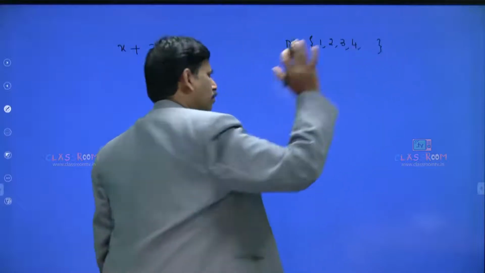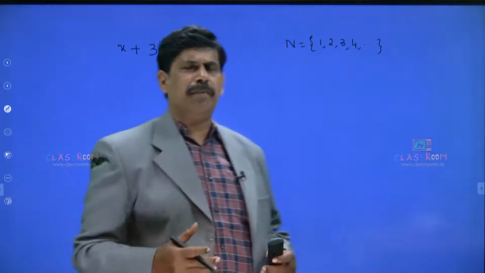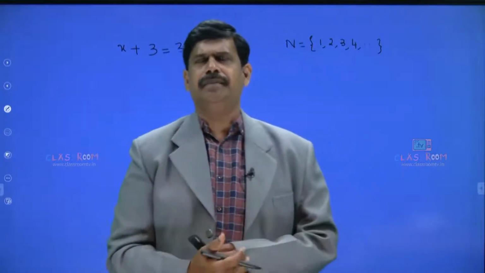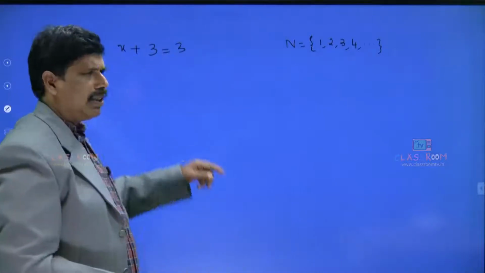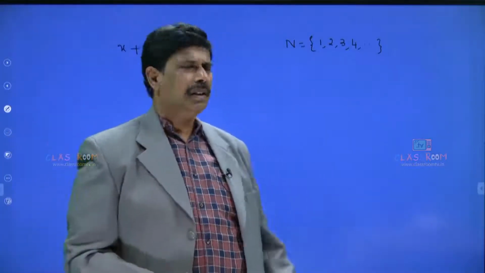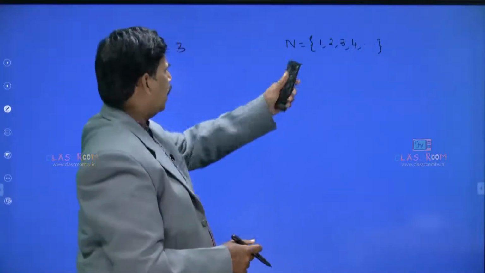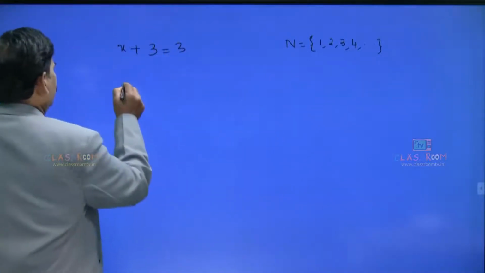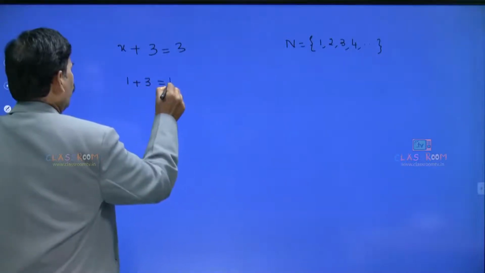But here the given simple equation is x plus 3 is equal to 3. Can any natural number satisfy this equation? Let us take the least natural number, which is 1 here. So 1 plus 3 is equal to 4.